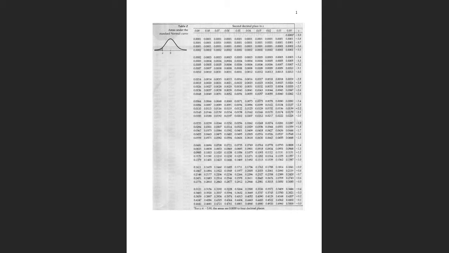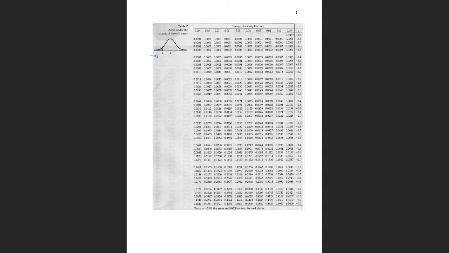Now remember I said probabilities are given from negative infinity up to the z value. So that shaded region is your probability. Now z is negative, so that's why it's to the left of 0. That's why all the values on that right column are negative.